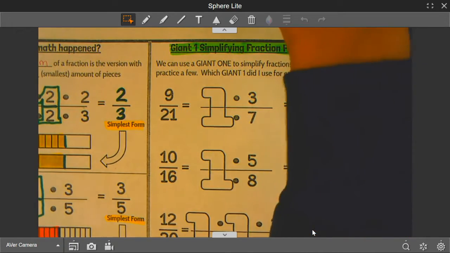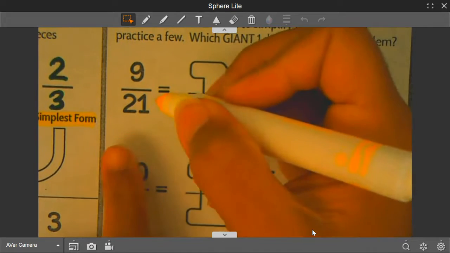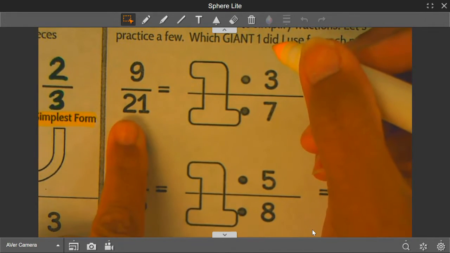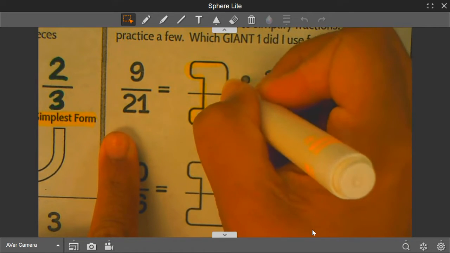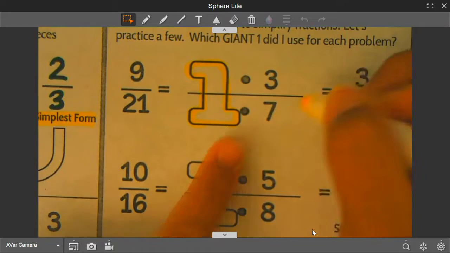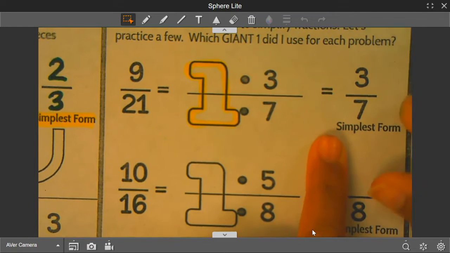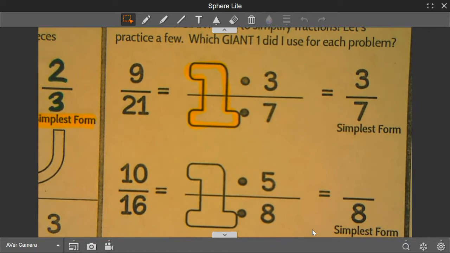Okay, so let me zoom in a bit. All right, so I have the fraction 9/21, and we are going to find out what giant 1 was used to create the simplest form version, 3/7. What do you guys think?